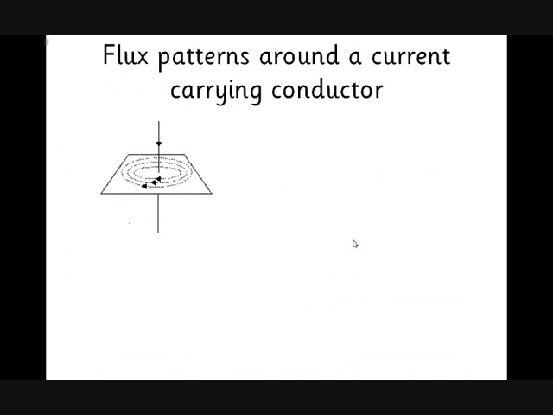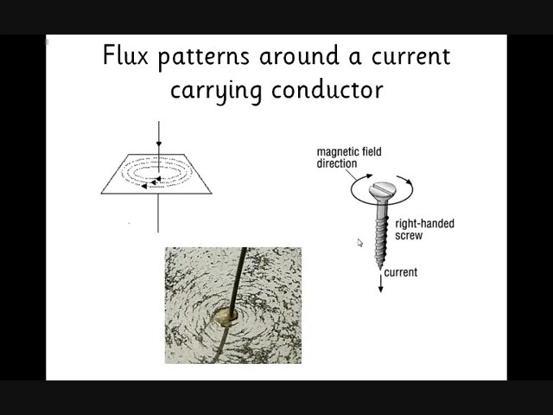Okay, flux patterns around a current-carrying conductor. The definition of the Tesla we've just mentioned is to do with the force between two wires. This is because if you allow electricity to flow through a wire, you get a magnetic field around it. We'll look more into this in the next few lessons. This is the shape of the magnetic field. It's a circular field, and you can see here it's been done with iron filings.